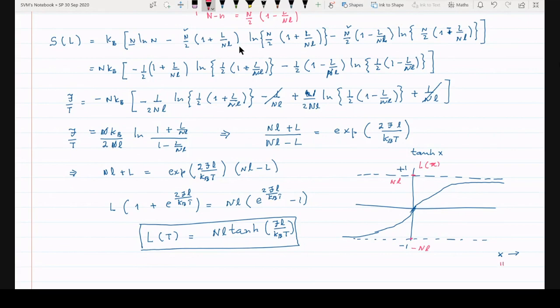In this particular case, x is equal to FL by kBT.